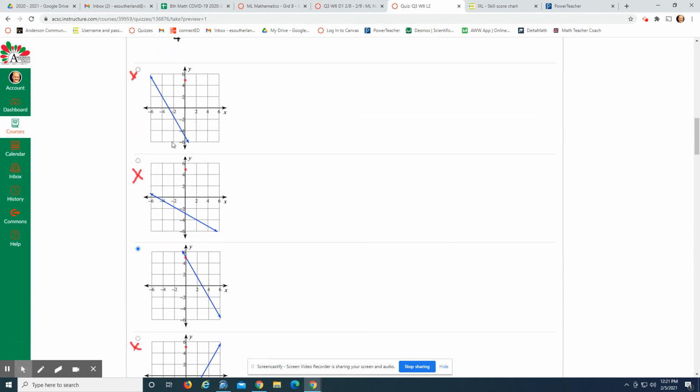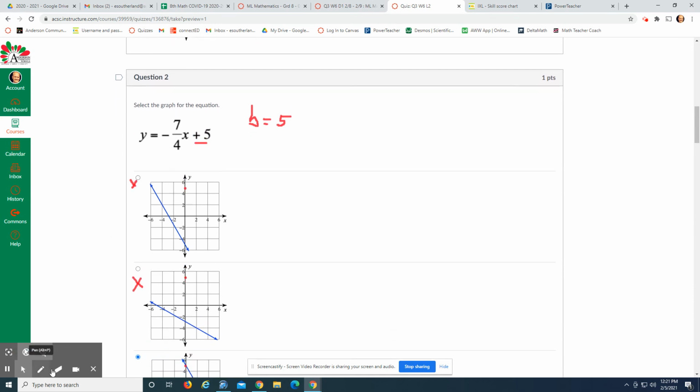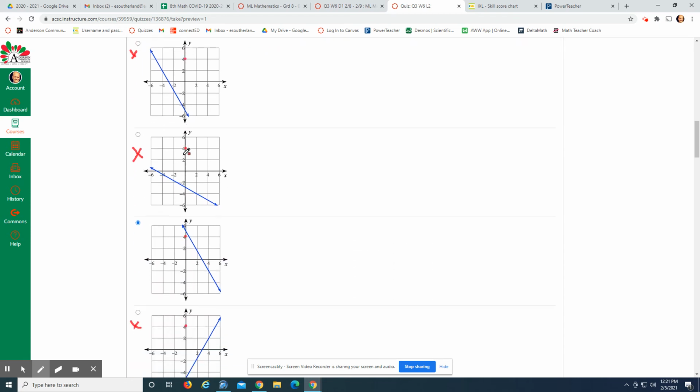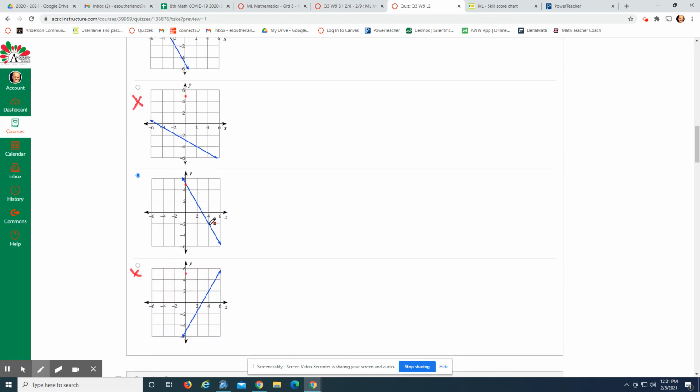Now, I always like to double check and make sure that I have the right one. So I want to look for a slope of -7/4. So I'm going to find where it crosses again, and it crosses right here. And so what I can tell is that it has a rise of 2, 4, 6, 7, and it has a run of 2, 4.